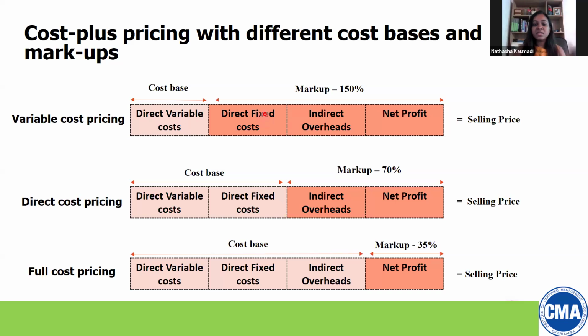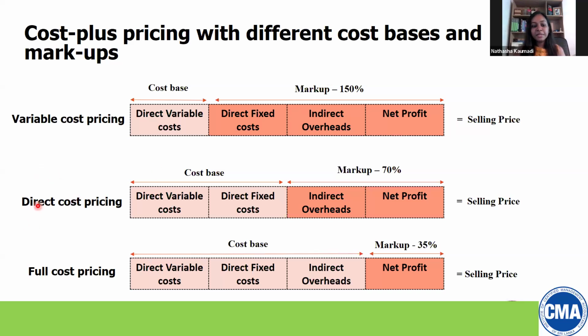Tracing direct fixed cost and indirect overhead would be difficult, not practically possible. So you take the possible cost base, and then you add a large markup of 150% to cover three components: the direct fixed cost, the indirect overhead, and your net profit. Then you set the selling price. That's why you had a 150% markup.